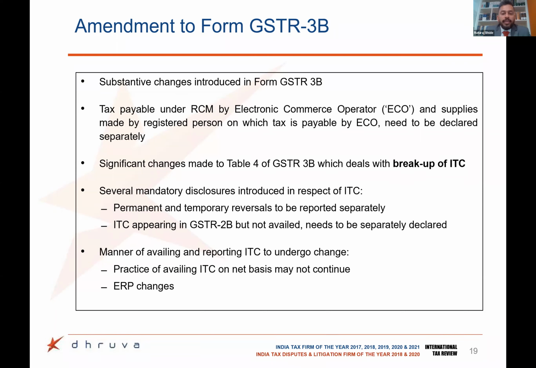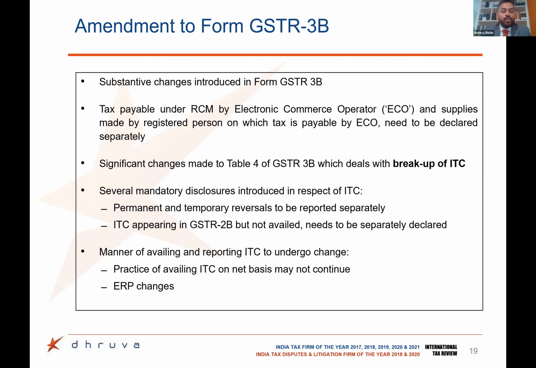Now, what is expected is that there are some mandatory reversals which will have to be reported in the GSTR 3B. In fact, these reversals can be bifurcated into two types: permanent reversal and temporary reversal. This is not the nomenclature used in the GSTR 3B form, but if you look at the type of reversals which have been clubbed together, all those credits which are not at all available to a particular taxpayer will have to be reversed and reported in a particular section.